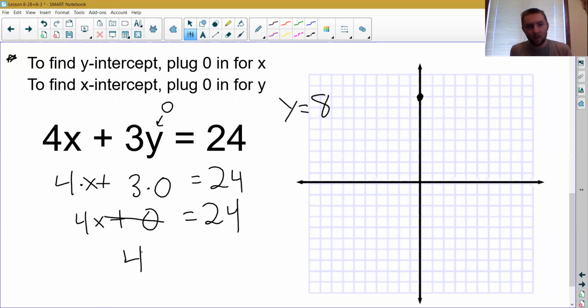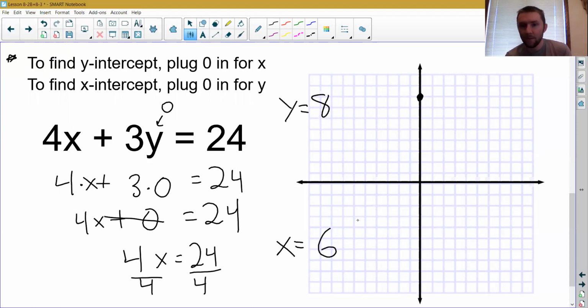So the rest of the equation then says 4x equals 24. I can divide away the 4, and that will give me my x-intercept value, okay? And I arrive at a value of x equals 6. 24 divided by 4 is 6. So if I go to my graph and I plot that intercept value, meaning on my x-axis, I go to 6. 1, 2, 3, 4, 5, 6.